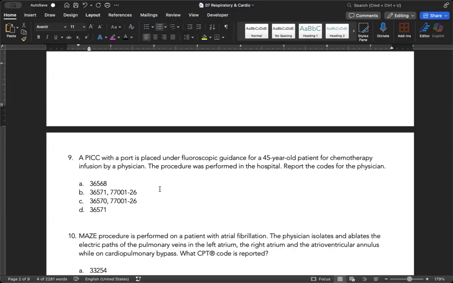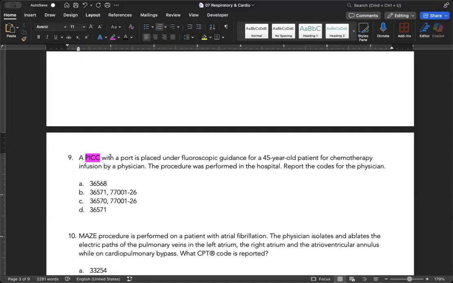And then we are doing an insertion because it's being placed. It is central. It is a peripheral. So that's where you're going to need to know your medical terminology, as far as your acronyms.